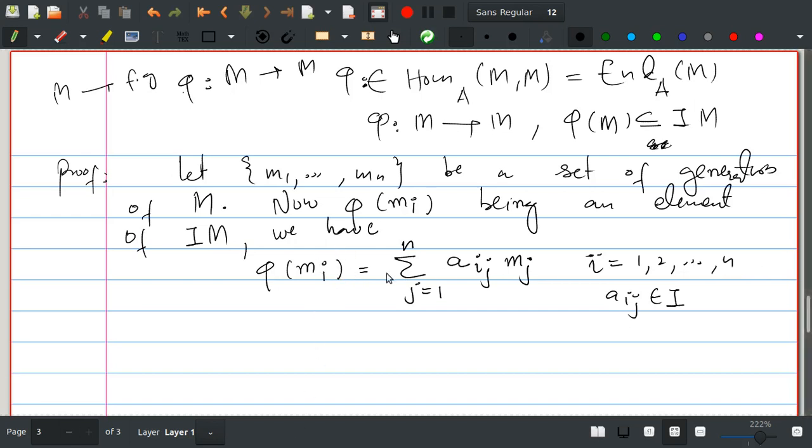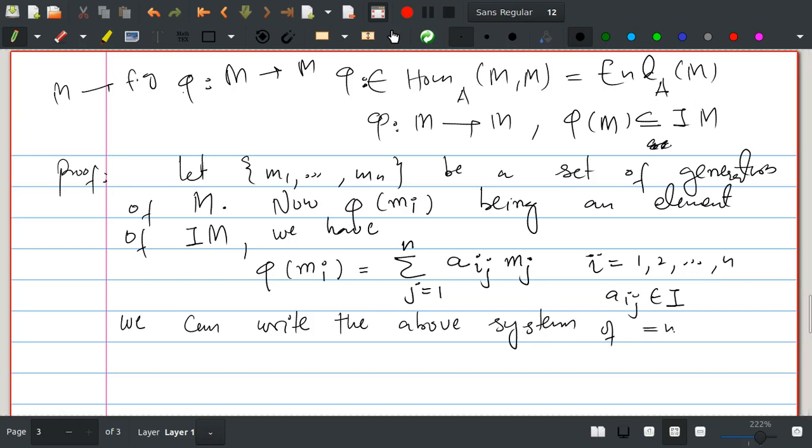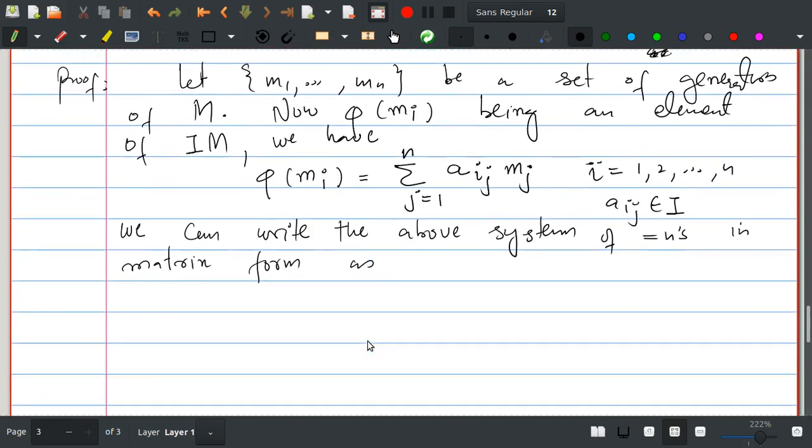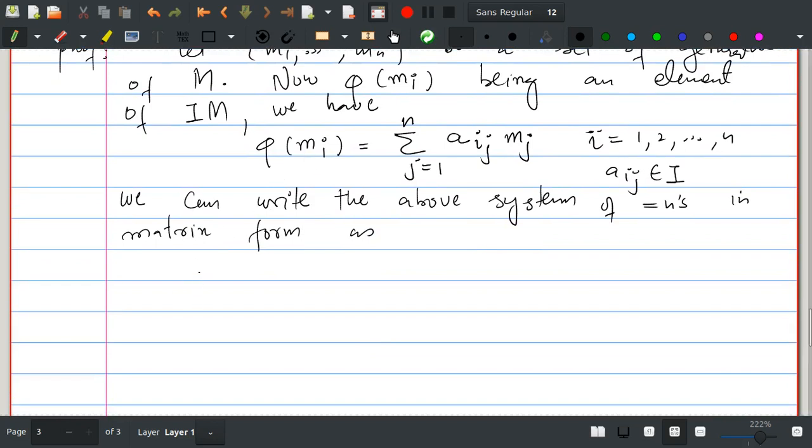So we can write the above system of equations in matrix form as follows. So we have phi of m1 here.